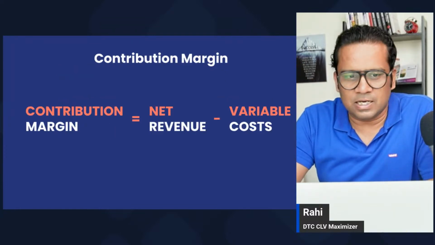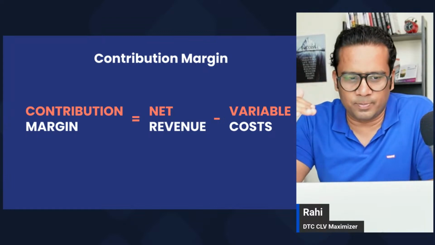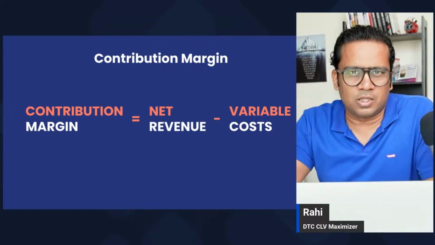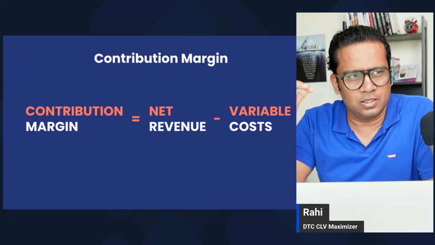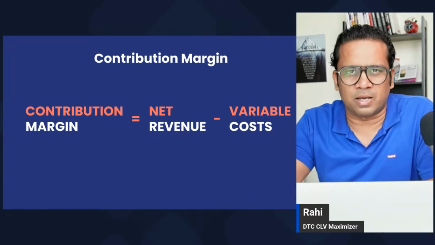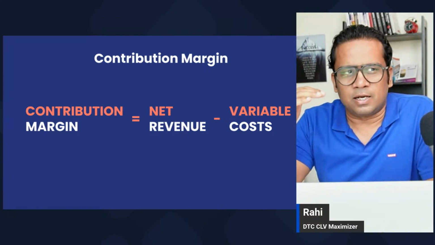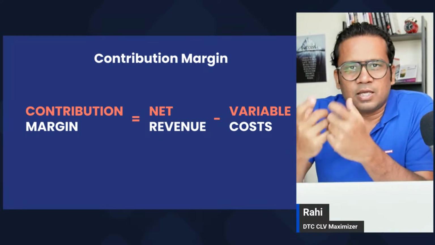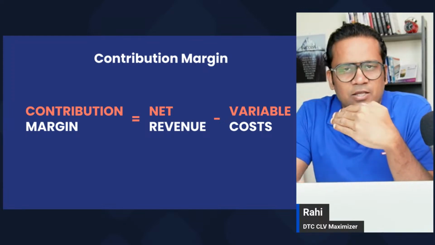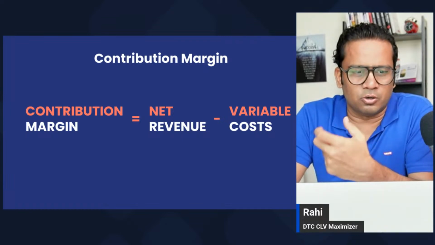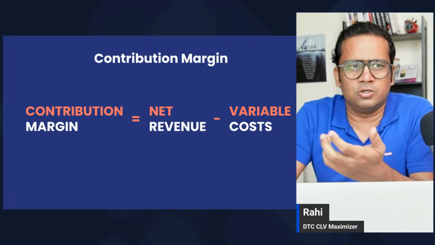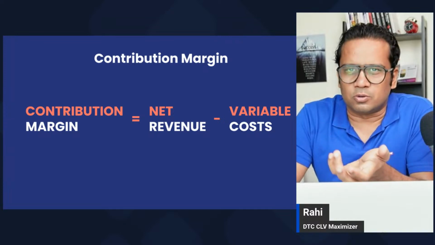So in practice, contribution margin is simple: net revenue minus variable cost. Net revenue is the overall revenue of the brand minus returns and discounts. Variable cost can be your shipping cost, your marketing cost, and your cost of goods sold, COGS.